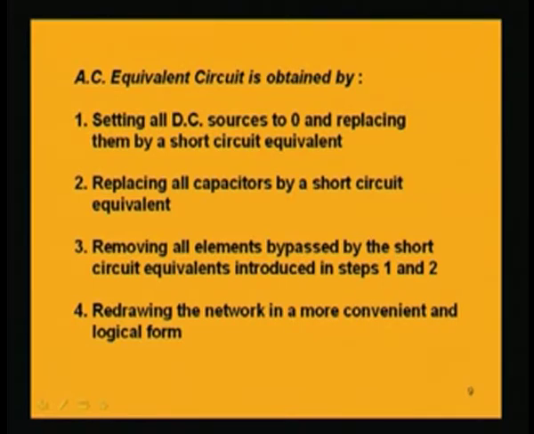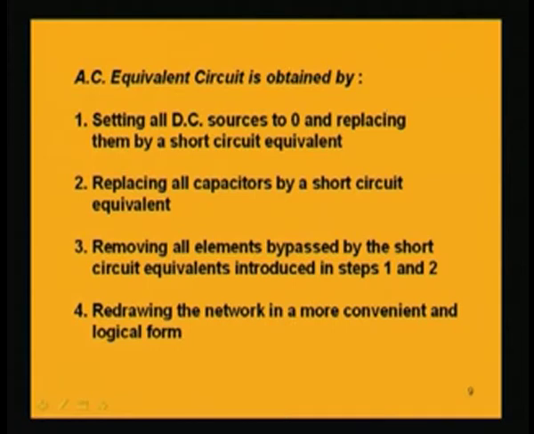When we have done steps 1 and 2, we get some short circuited paths. So, all the elements which are bypassed by the short circuited paths can now be very conveniently ignored or removed.